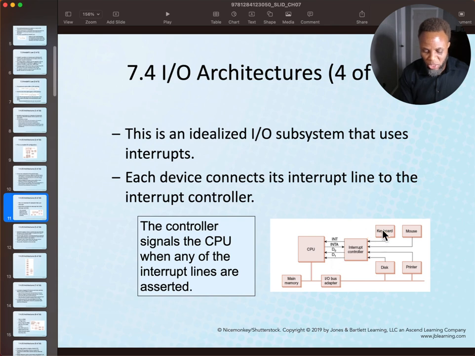As you can imagine, keyboards are generally interrupt-driven. Keyboards, mouse, disk, right? Remember, interrupt-driven I/O is more efficient than polled or programmed I/O. So as you type on the keyboard, an interrupt is sent each time you type, for the CPU to act upon that and to retrieve the character that you typed.